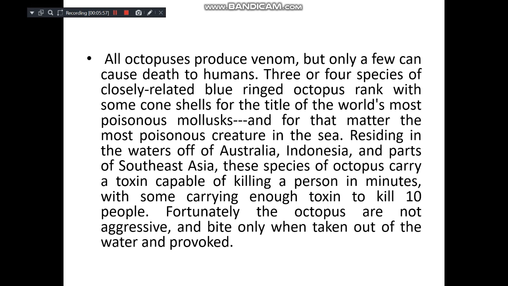Even octopus can produce venom, but only a few species can produce the poison which is fatal to human beings also. There are three or four species which are closely related and they can also protect themselves by producing the toxins.